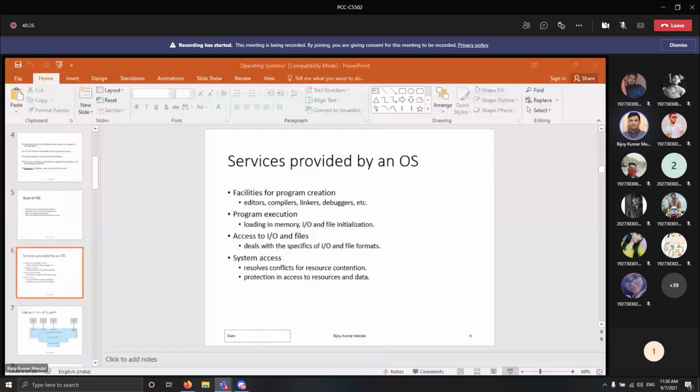There are three layers: the first for the user, the second for the operating system, and the third for the machine.